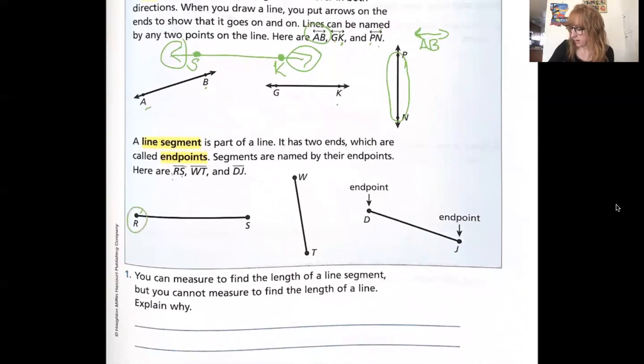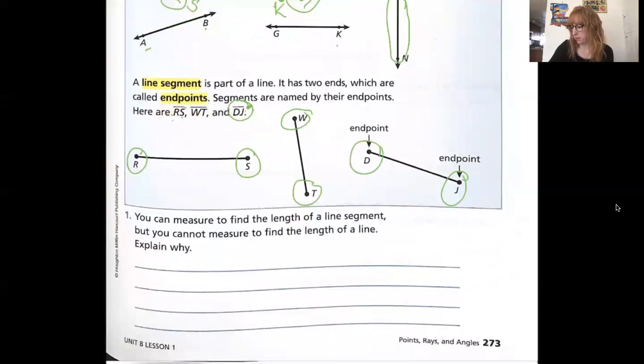So R and S. Line segment WT and line segment DJ. We read it just like it tells us, because this little symbol over it is telling us what thing it is. So it's either a line or a line segment, and for this it's a line segment.